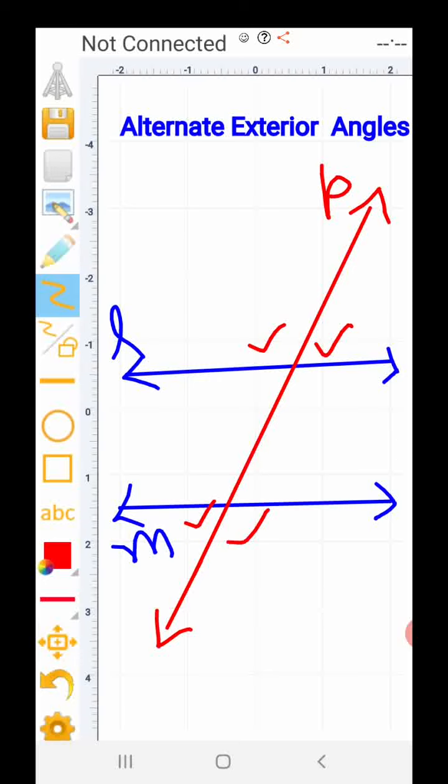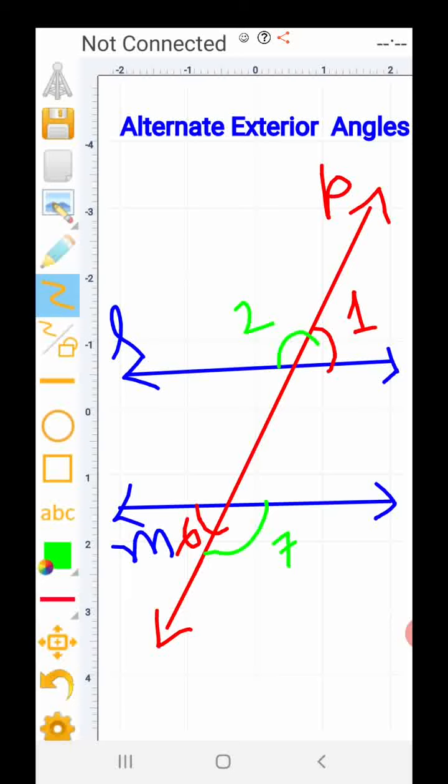But alternate exterior means opposites. So which pair do we call alternate exterior? Suppose this one and this one, I give the names 1 and 6. Similarly, another alternate exterior pair is 2 and 7.